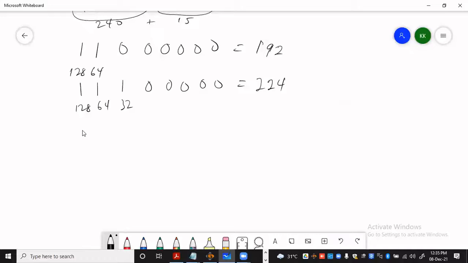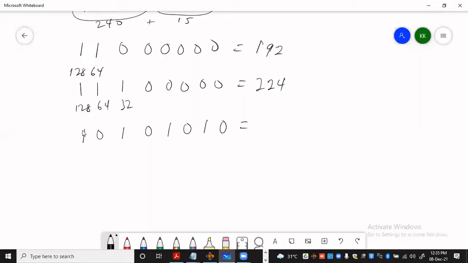Now let's go this way: 1, 0, 1, 0, 1, 0, 1, 0. What is that? 165.